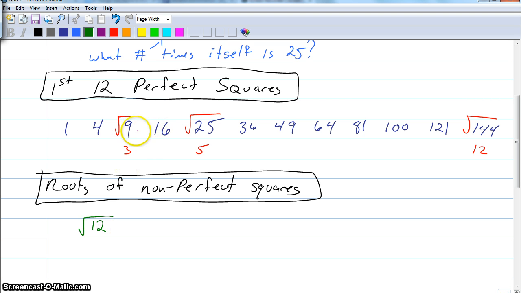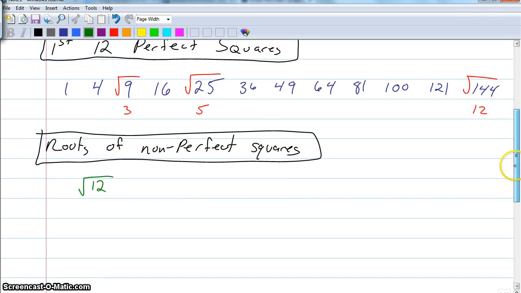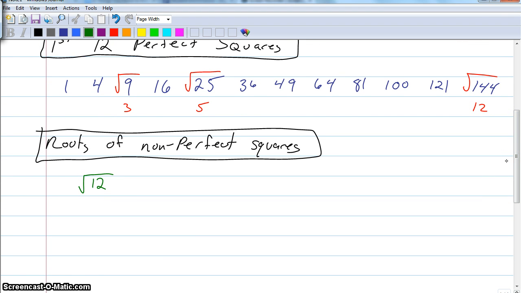So 12 is somewhere between those, but it's not a perfect square. So what we're going to do is go old school style and make a factor tree. What multiplies to 12? Well, some of you thought of 6 and 2. Some of you thought of 3 and 4. I'll tell you what, either way would work.